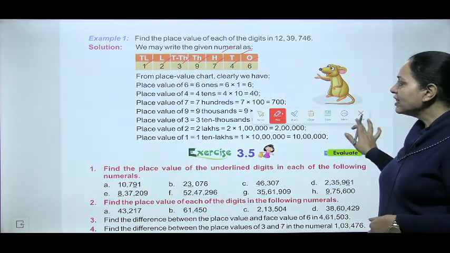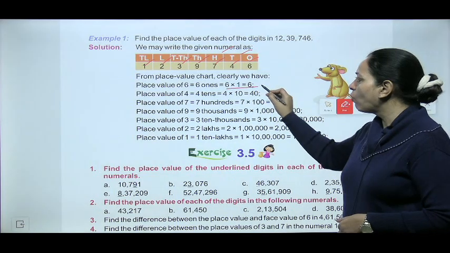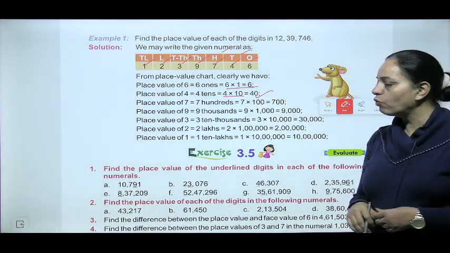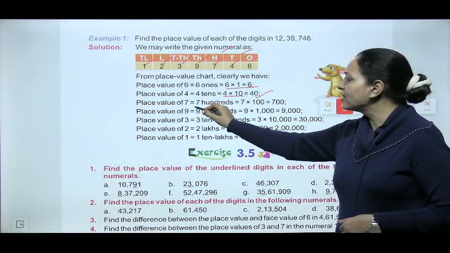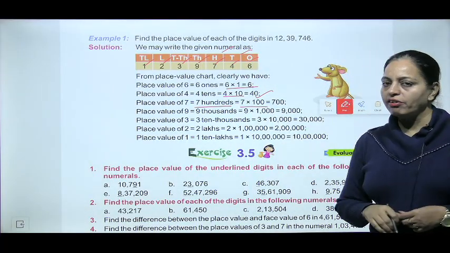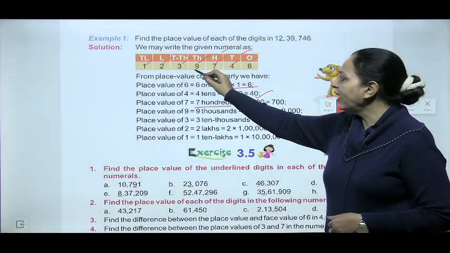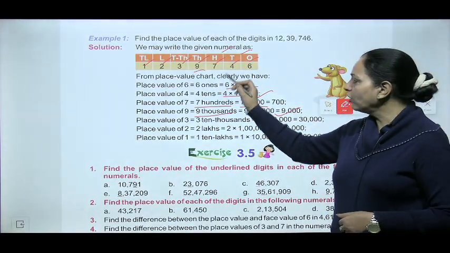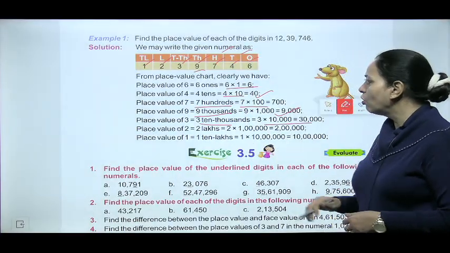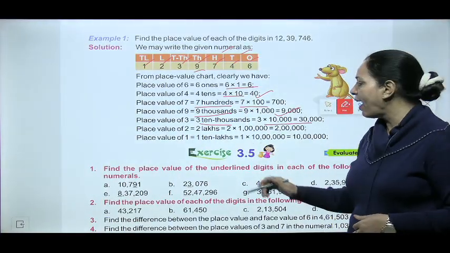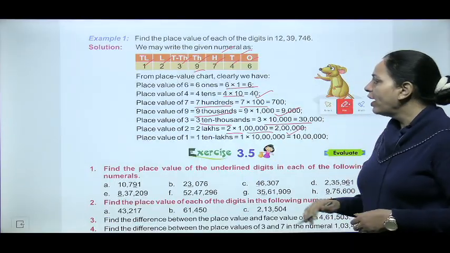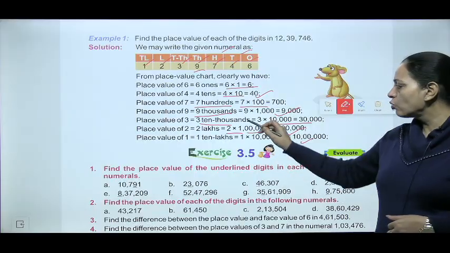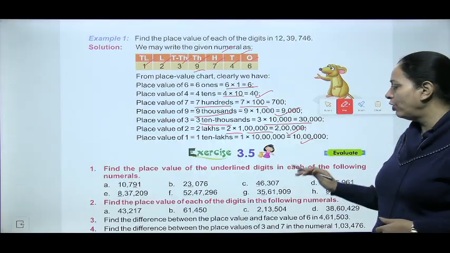So we can see 6 at ones, so 6 into 1, 6. 4 at tens, 4 into 10, 40. 7 at hundreds, 7 hundreds, 7 into 100, 700. 9 at thousands, 9,000, 9 and 3 zeros. 3 at ten thousands, 3 and 4 zeros. Then 2 at lakh, 2 and 5 zeros. And then 1 at ten lakh, 1 and 6 zeros. So these are the place values.